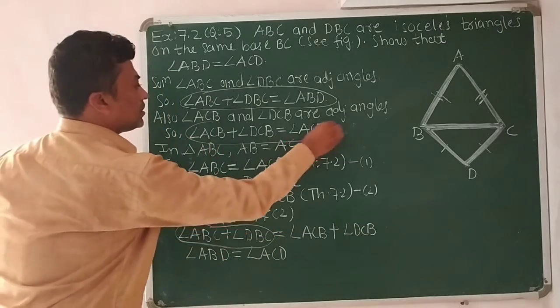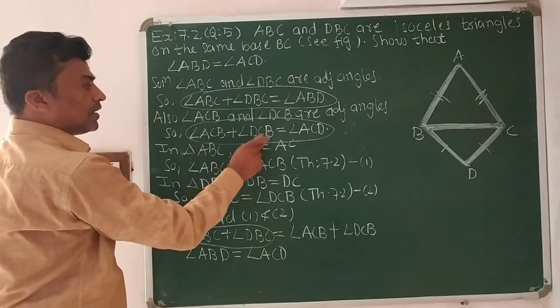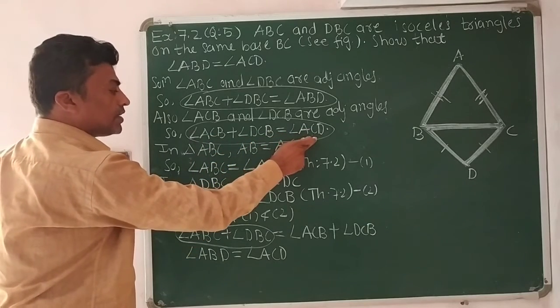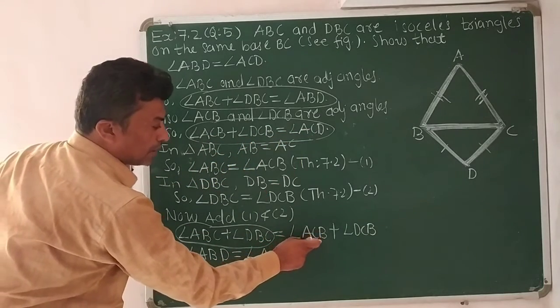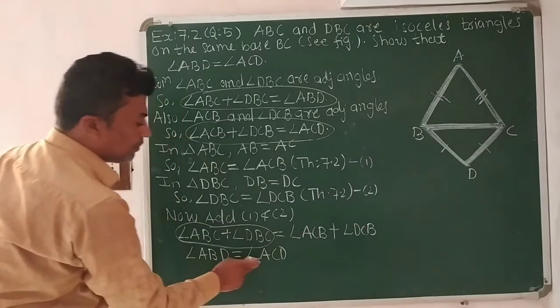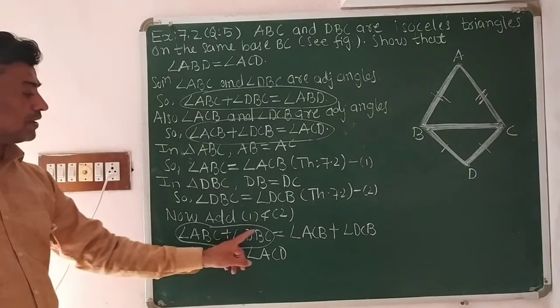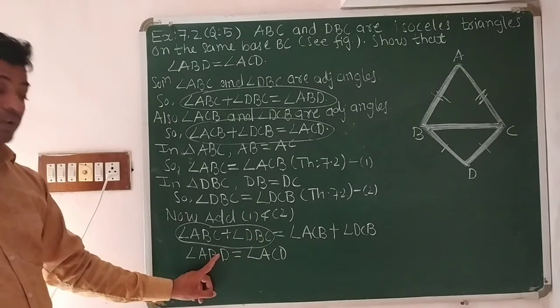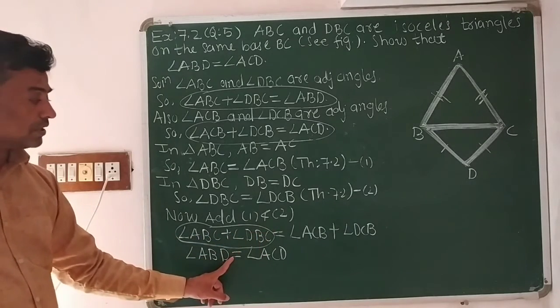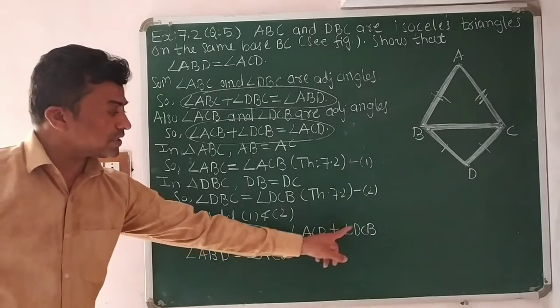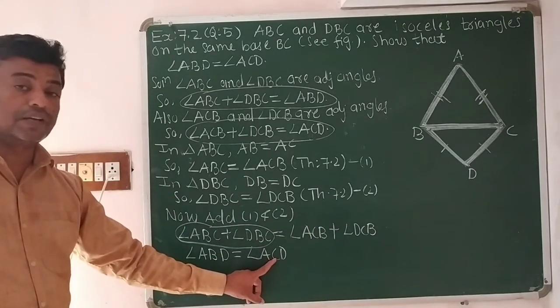This angle ACB plus angle DCB is equal to angle ACD. So instead of angle ACB plus angle DCB, we can write angle ACD. So angle ABD is equal to angle ACD.